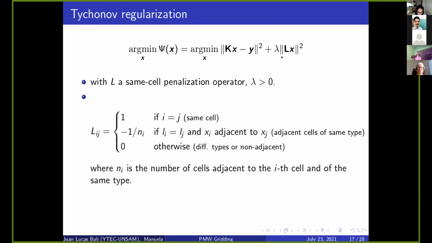But essentially, the regularization operator penalizes cells that are neighbors to the original cell and are of the same type. For example, if you have land, it takes all the land cells surrounding this cell and penalizes a difference between the center cell and a neighboring cell of the same type.